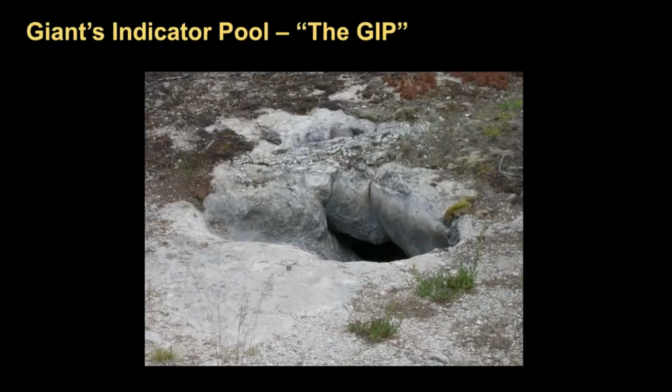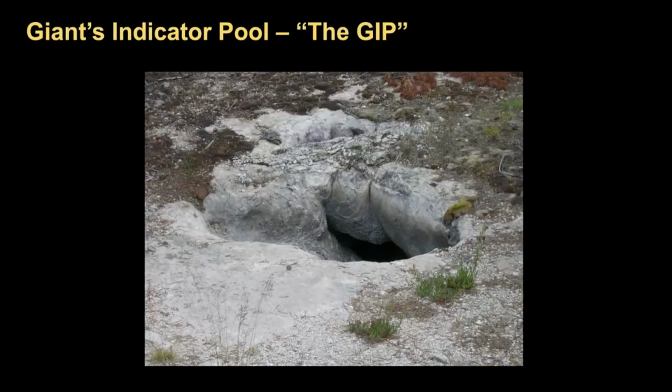One other character to discuss here is the GIP, Giant's Indicator Pool. It is actually not visible from the platform, but it's one of the easiest ways to gauge water levels in the group because it can be seen from the boardwalk going north towards Grotto.